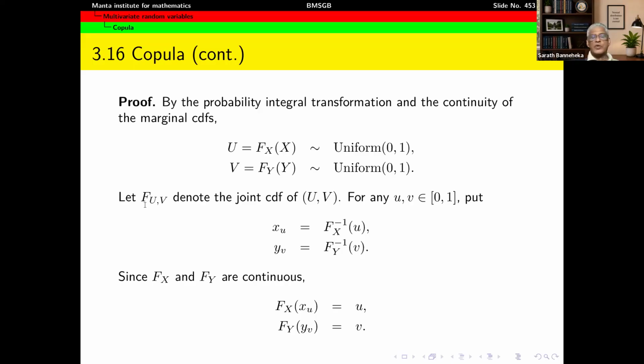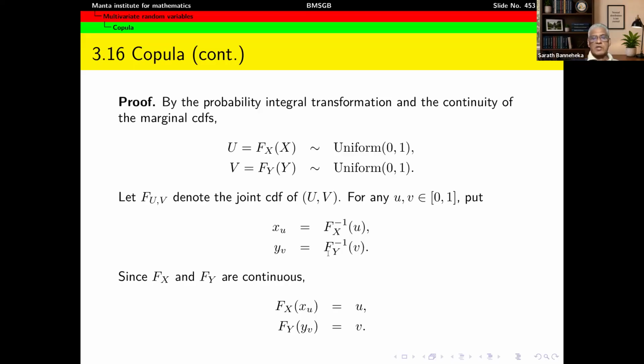Now let us consider the joint cumulative distribution function F_UV, the joint CDF denoted by this thing. And then for any (u, v) in this interval (0, 1), just define F_X inverse of u to be x(u) and F_Y inverse of v to be y(v).